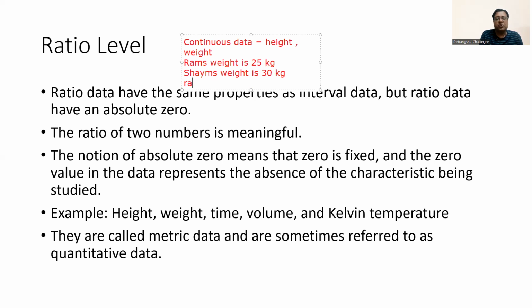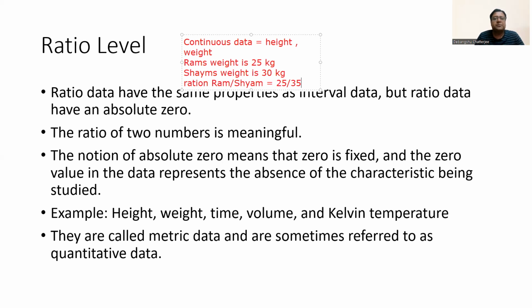So the ratio of Ram by Shyam is equal to 25 divided by 35. So you will get a decimal number.